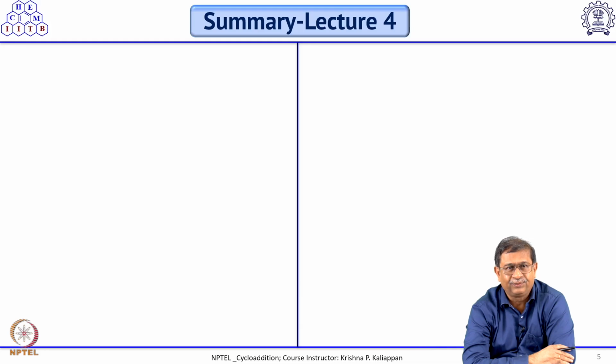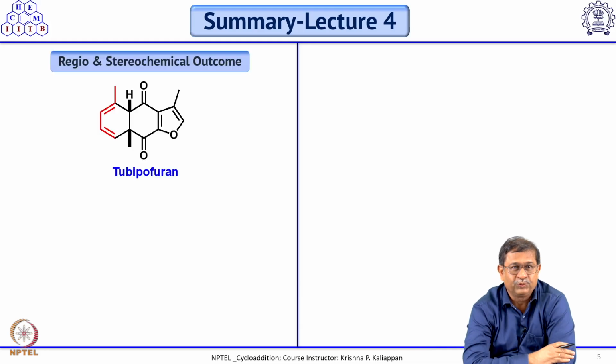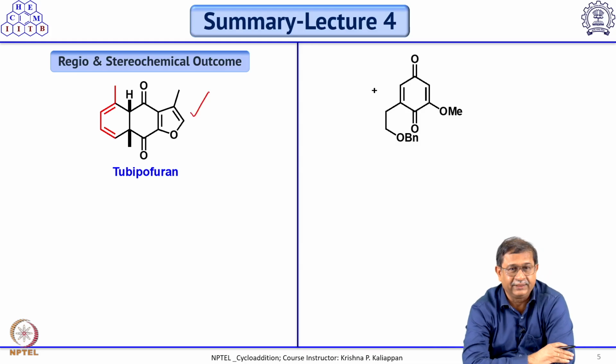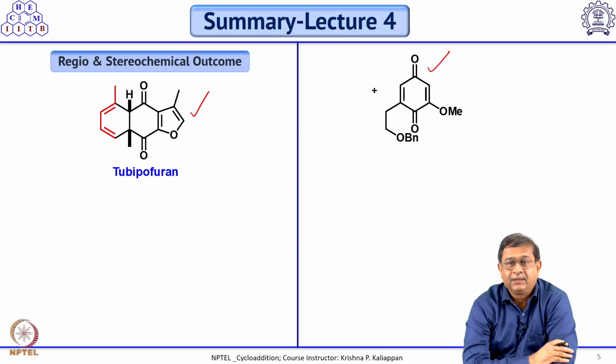In lecture 4, we talked about the applications of 4+2 cycloaddition reaction with particular emphasis on regiochemical and stereochemical outcome. We talked about a synthetic route to porphyrin and this particular dienophile.